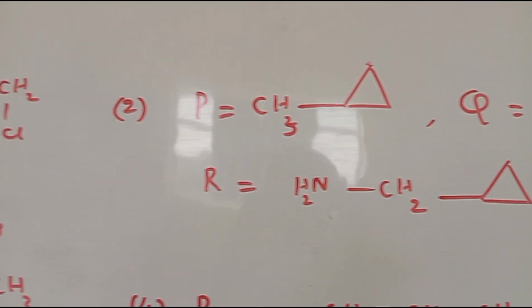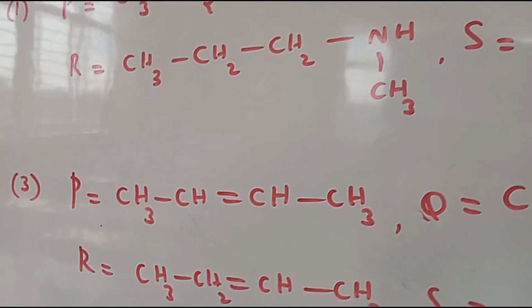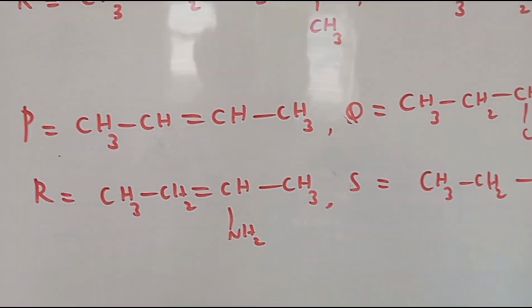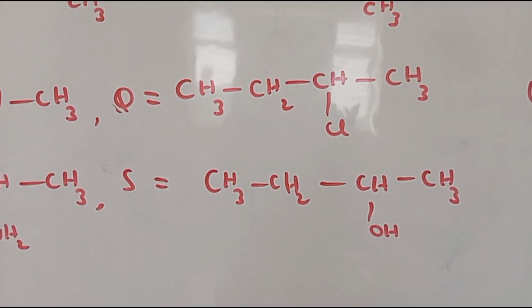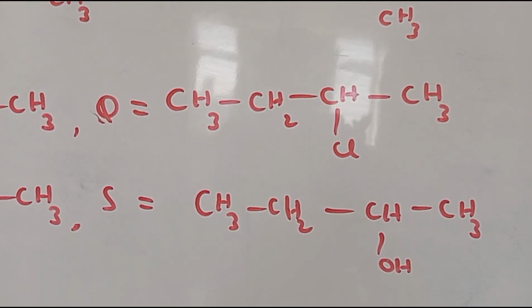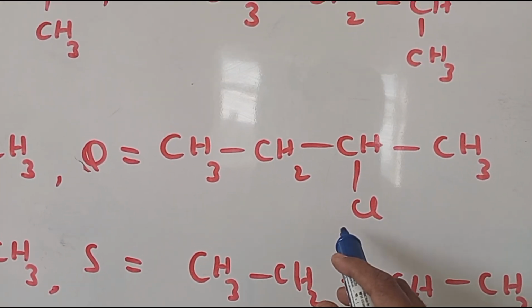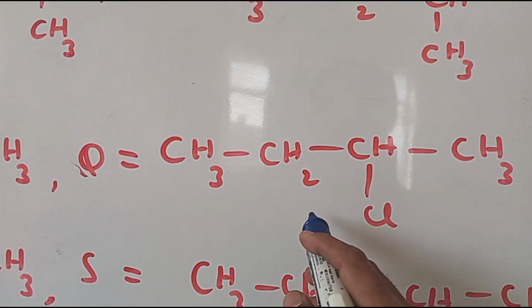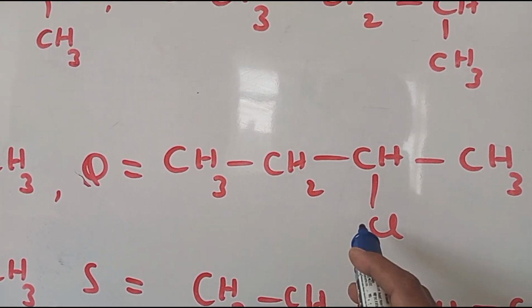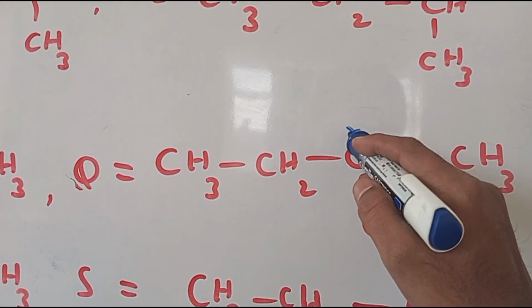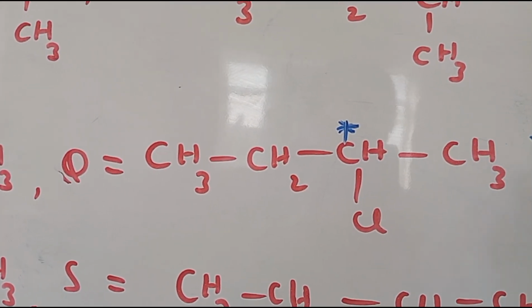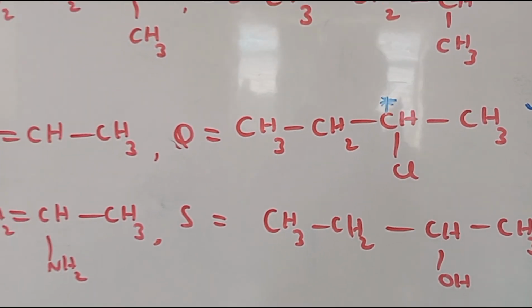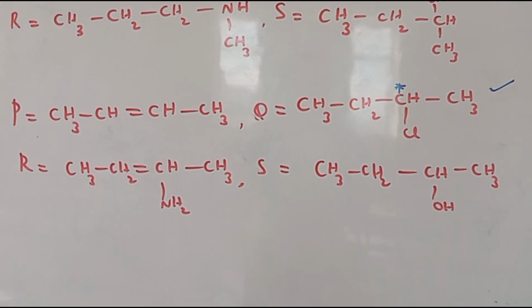That is also not optically active. Let us see the third option. In the third option, the C4H9Cl addition reaction product is optically active. So definitely the third option is the right option for this question.